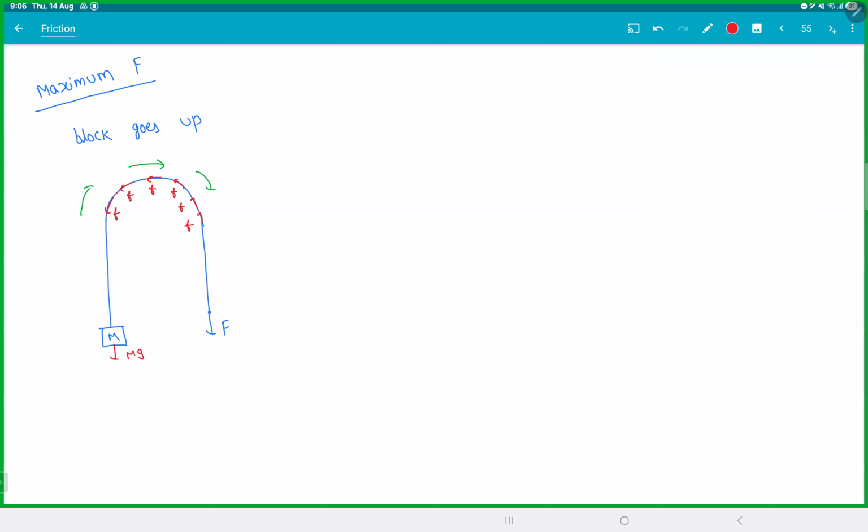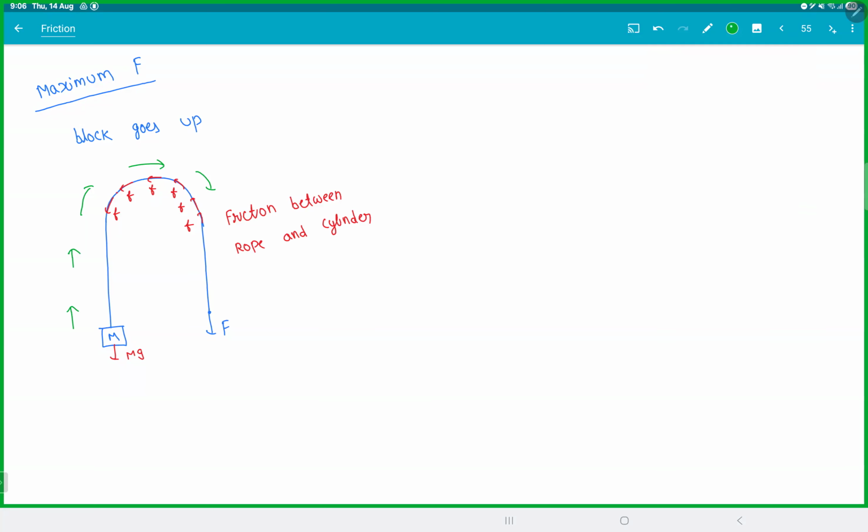So if you put this rope over a rough surface and you glide it, there is going to be friction between the rope and the cylinder. So this is the friction between the rope and cylinder. This is the case when you have maximum force and the block tries to go up.